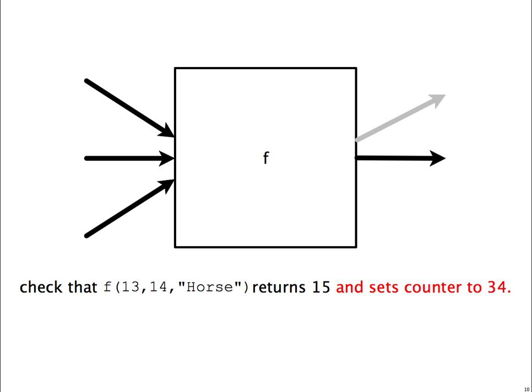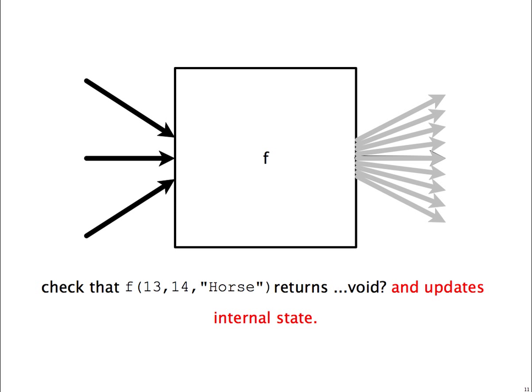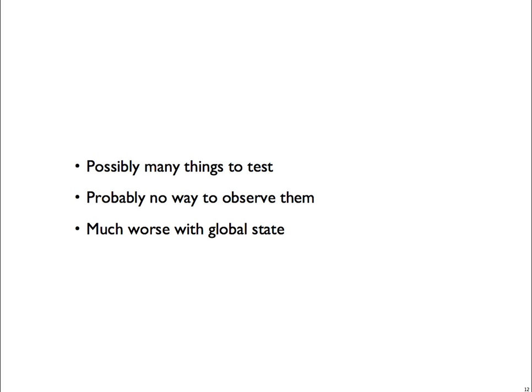And of course, things are usually much worse than this. It is often the case that we have many, many state changes. We have a void function whose only purpose is to make many internal state changes. Checking whether those things work correctly is very, very difficult. There may be many things to test. There is often no way to observe them. They may be in private fields.